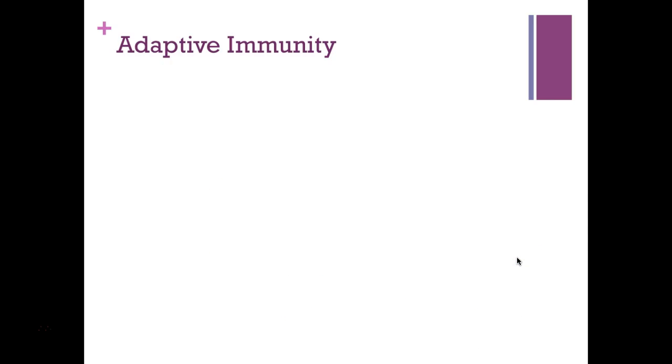Okay, now let's talk about adaptive immunity. With adaptive immunity, we said it's broken up into two different parts. We have our humoral, which remember was going to consist of our B cells, and cell-mediated, which consists of our T cells. Now, what do we need to know about our B and T cells?